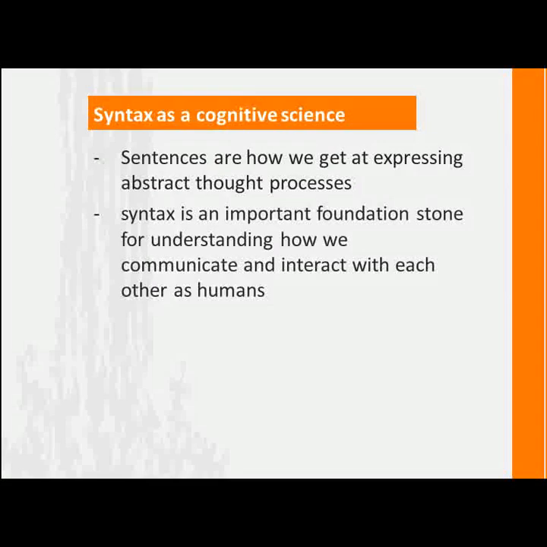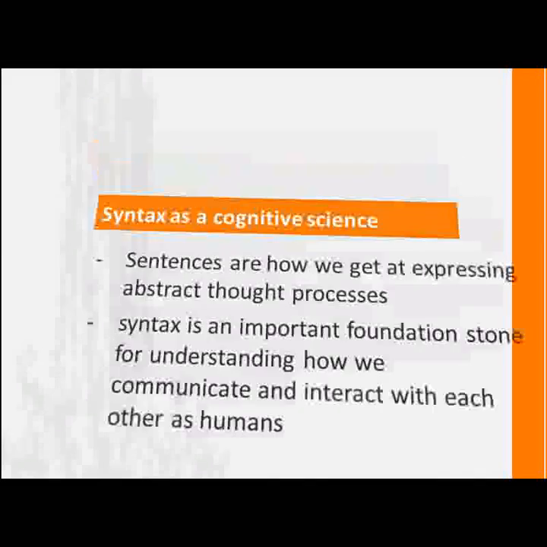And syntax is an important foundation stone for understanding how we communicate and interact with each other as humans. So knowing the correct order of words in sentences or phrases is very important for communication. Jadi kalau susunan kita tidak benar, tidak pas, maka orang lain bisa memahami yang salah atas apa yang ingin kita komunikasikan. So syntax is very important.